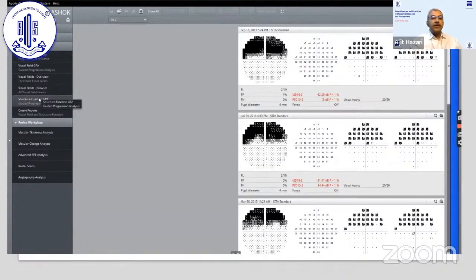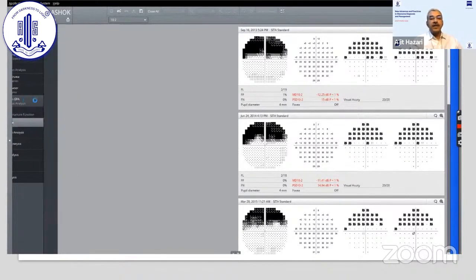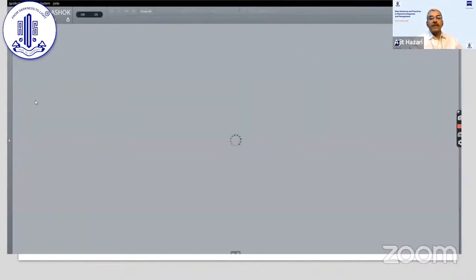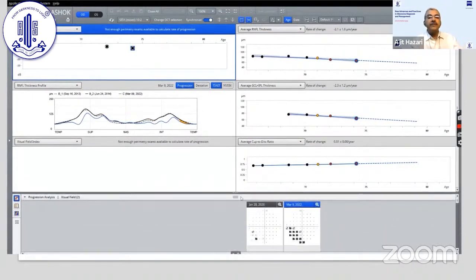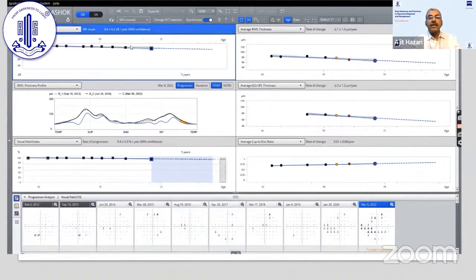Coming to the most important, or the most useful part, rather, I'll say, of Glaucoma Workplace is the structure function analysis. And here we can pull up data automatically from the perimeter as well as the OCT, and all that data is shown in front of you on the screen.